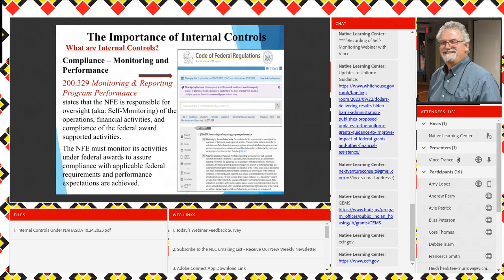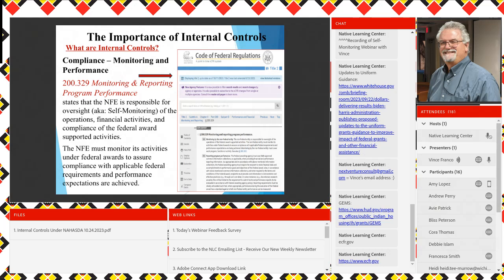HUD also has what's called Native American Housing Activity Guidelines, 24 CFR Part 1000. In there, self-monitoring and internal controls are mentioned and required, and also, of course, in the Uniform Guidance, which is what we're talking about today, 2 CFR Part 200.303.